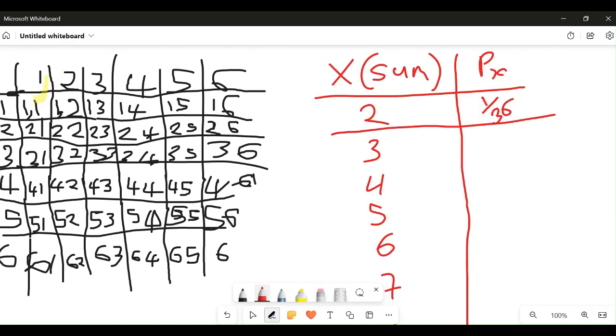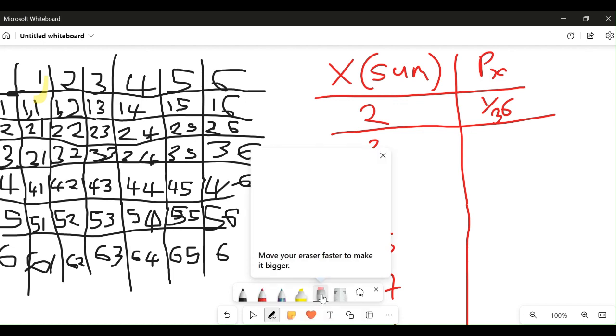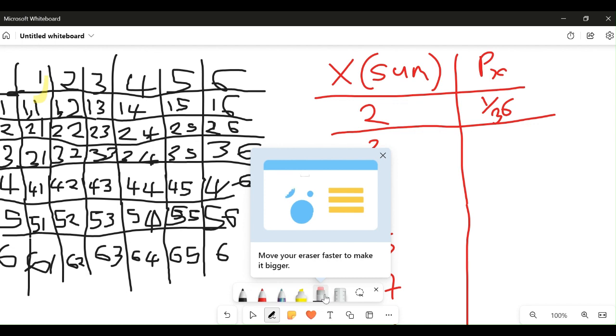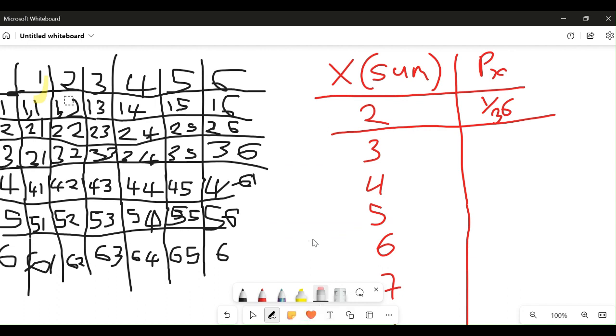3. So let's check the table again. Which and which can we add together that will give us 3? We have 1 plus 2 will give us 3. 2 plus 1 will give us 3.